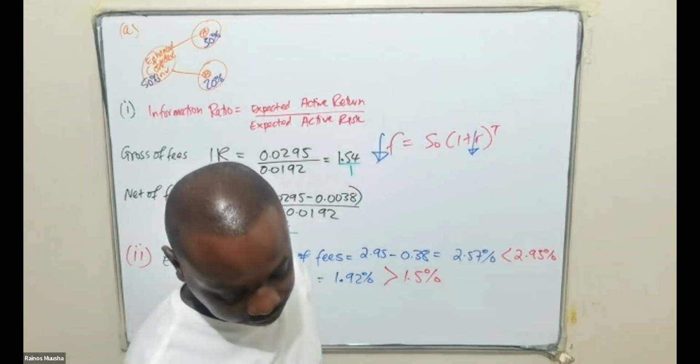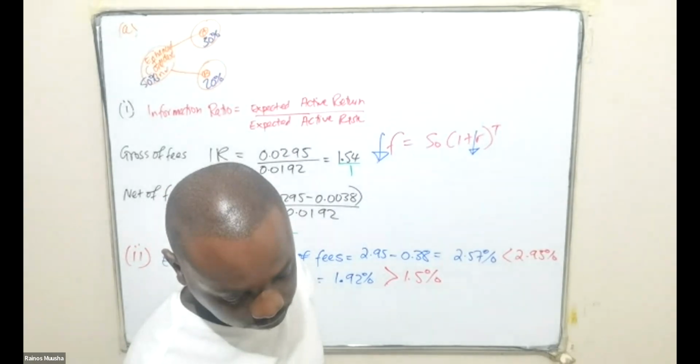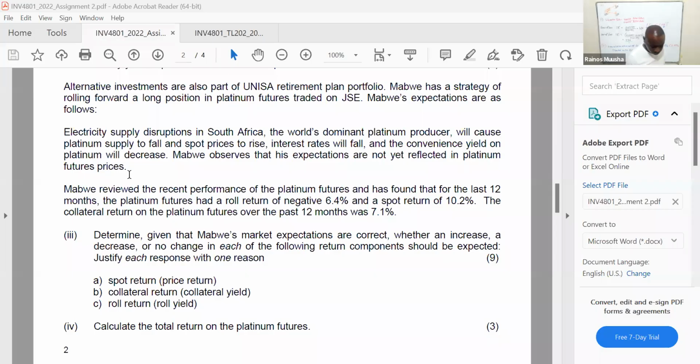Moving on. We also look at the raw return. Remember here they say the platinum futures had a raw return which is negative 6.4%. So the raw return in this case is expected to be a negative 6%.